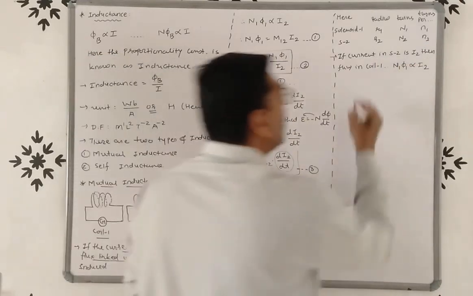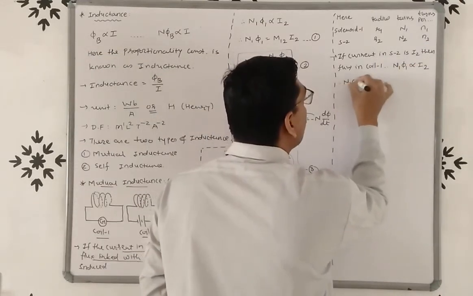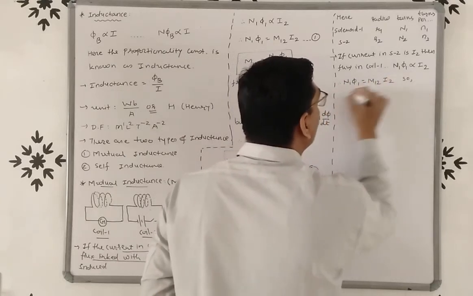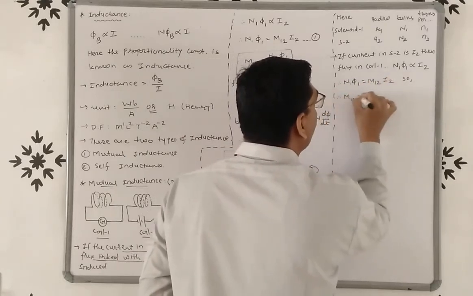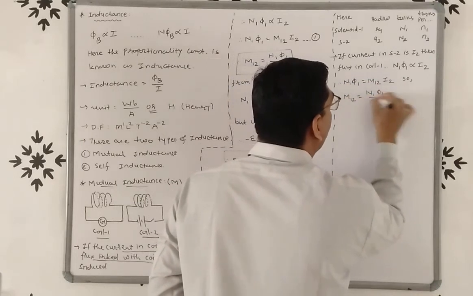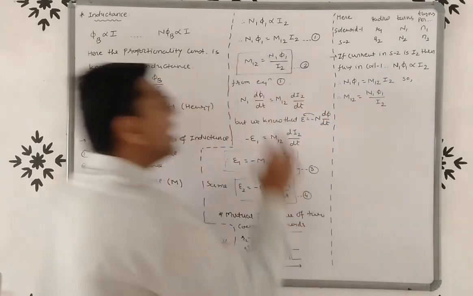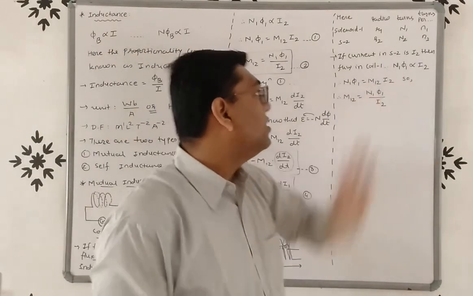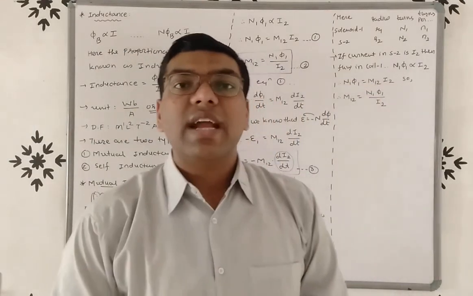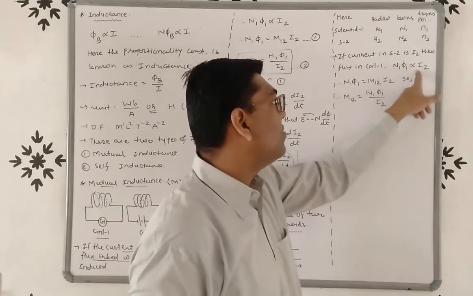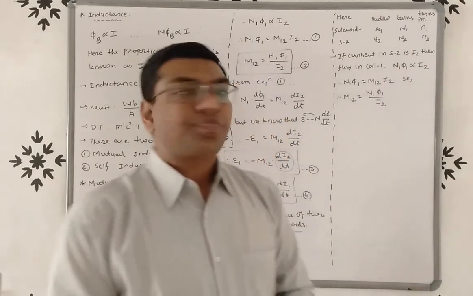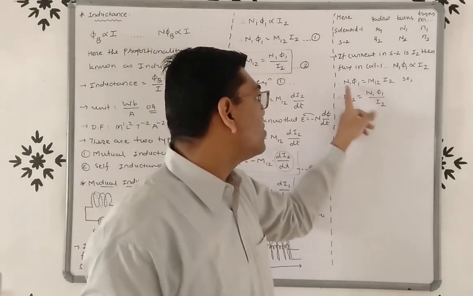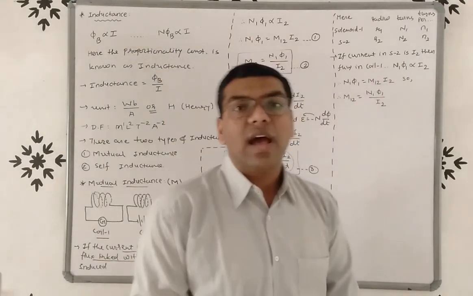So N1 phi 1 is equal to M12 I2, and M12 is given by N1 phi 1 upon I2. We already derived this formula.